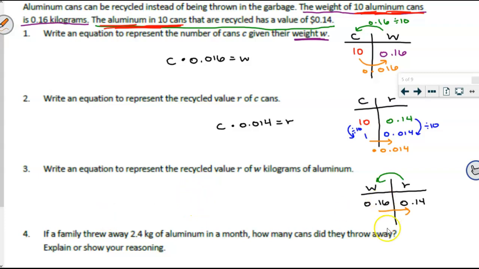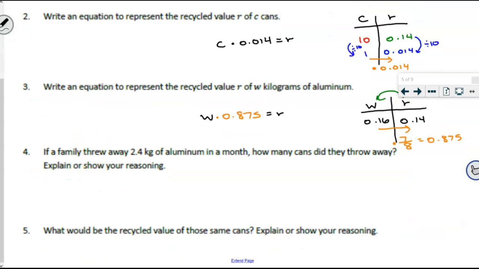Yeah, nicely done. 14/16 simplified is 7/8. 7/8 as a decimal is 0.875. So that is what we are multiplying by, which tells us our equation. Once we know that constant of proportionality, we know the equation. W multiplied by 0.875 is equal to R, the value. So that helps me answer the next couple of questions.